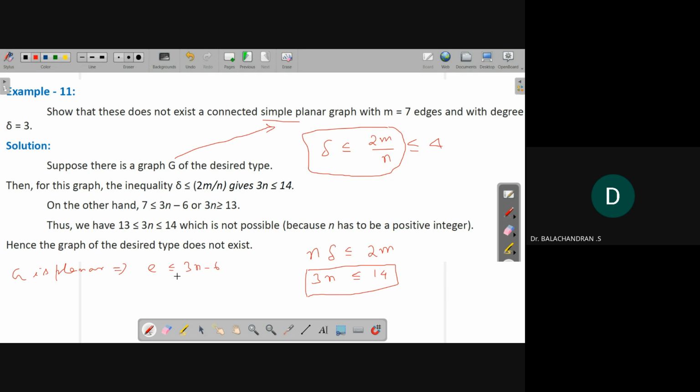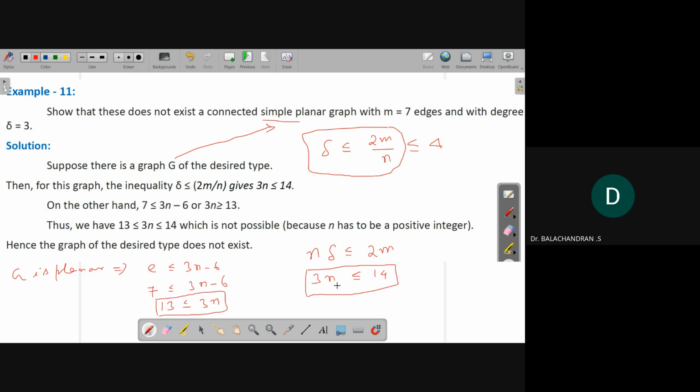This inequality is true if G is planar. But e is 7, so 7 is less than or equal to 3n minus 6, or you can write 7 plus 6, 13, is less than or equal to 3n. So this is the next observation.